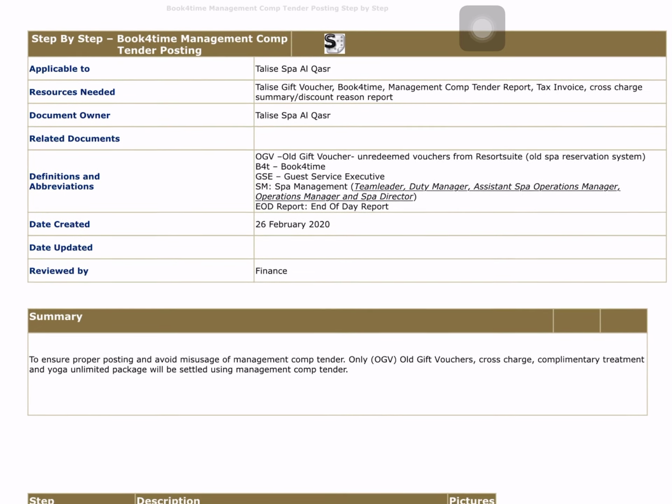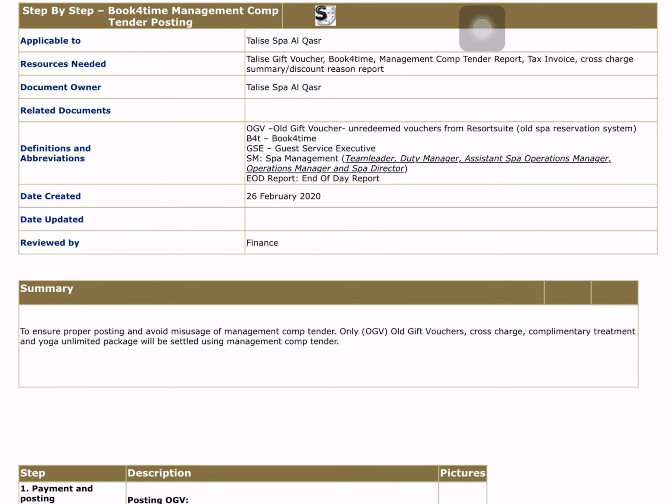The reason for this step by step is for us to ensure proper posting and avoid misusage of management comp tender. So we only use this management comp tender when we are posting with the old gift vouchers, cross charge, complimentary treatment.